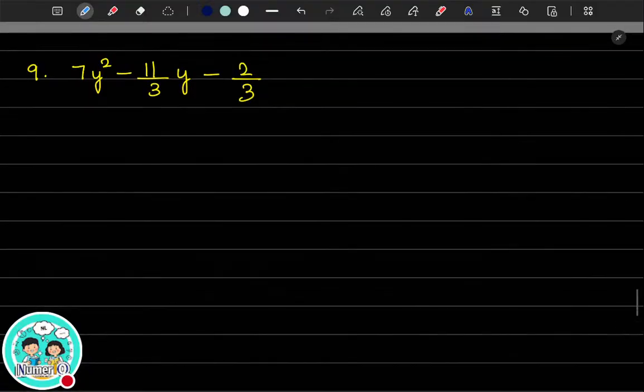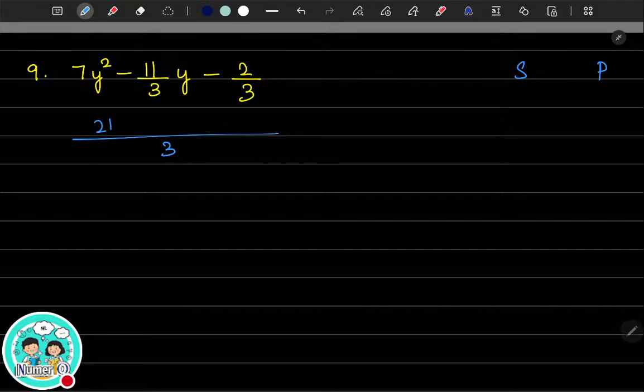So this is the last question of the exercise 2.3. 7y squared minus 11 by 3 y minus 2 by 3. So again, what is your sum and what is your product? Sum is nothing but the value of b, minus 11 by 3. Before taking these values which are in the form of fractions, let's take the LCM. So LCM is 3.